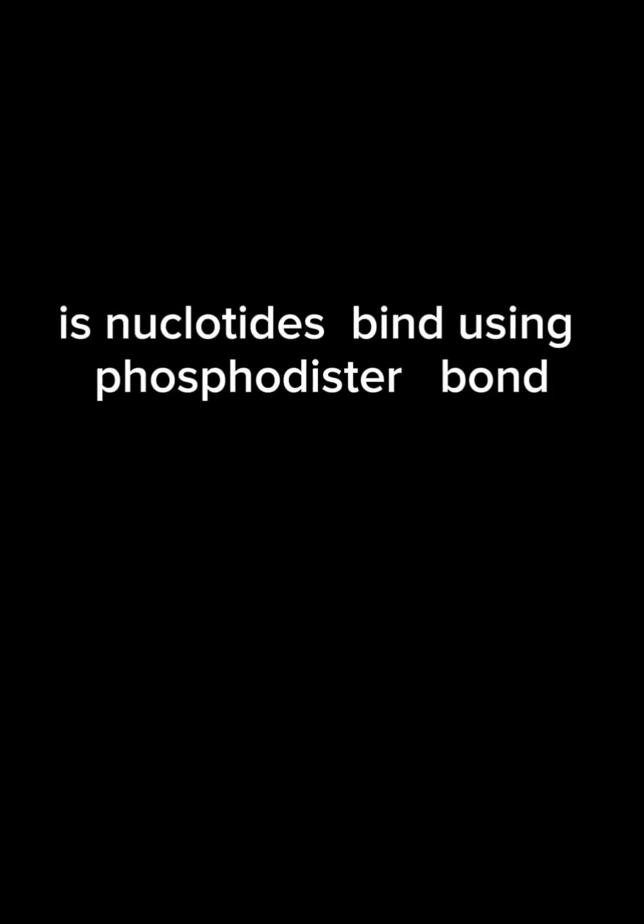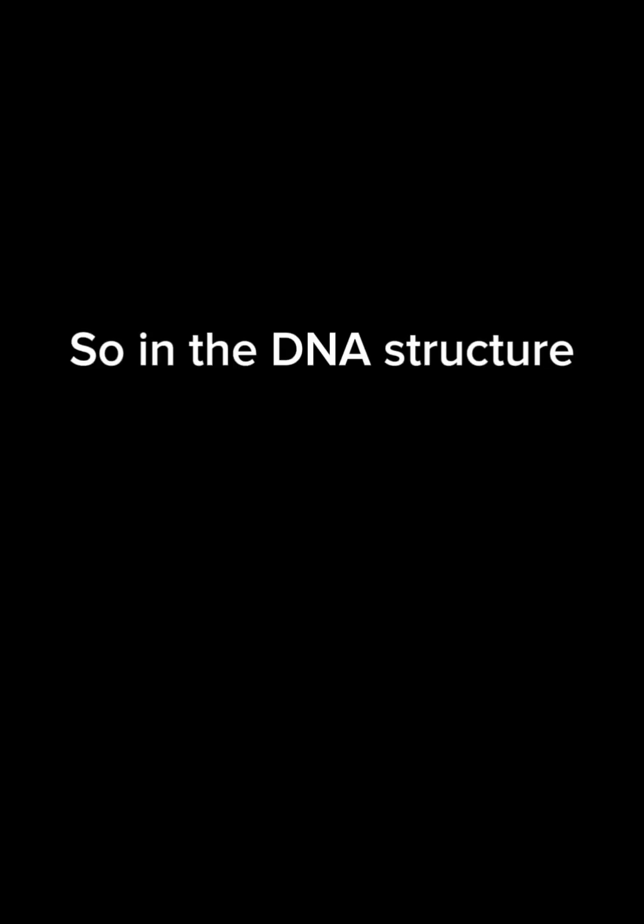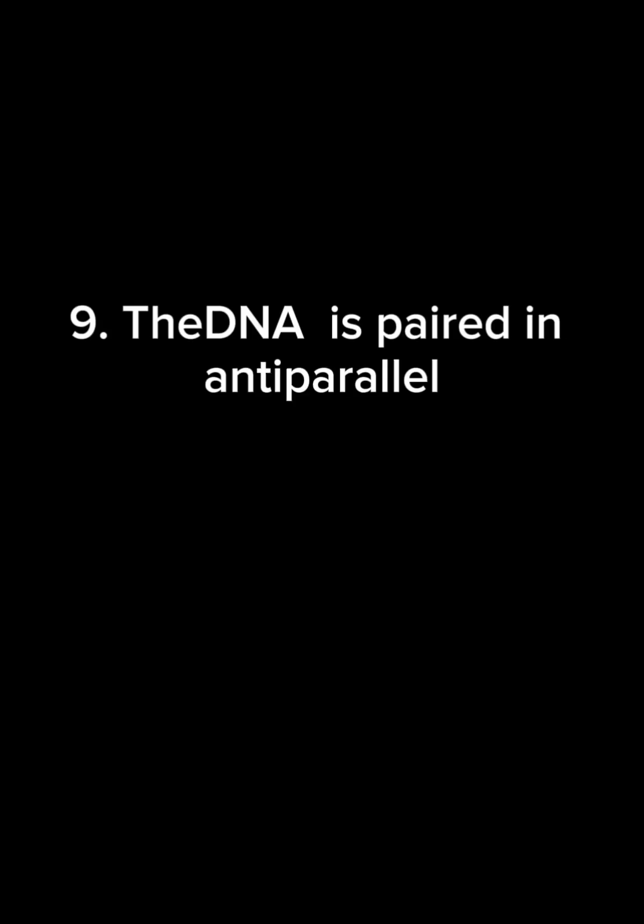So what I mean here is nucleotides bind using phosphodiester bonds. In the DNA structure, the DNA is paired in antiparallel. The 5' end of one strand is paired with the 3' end of another strand.